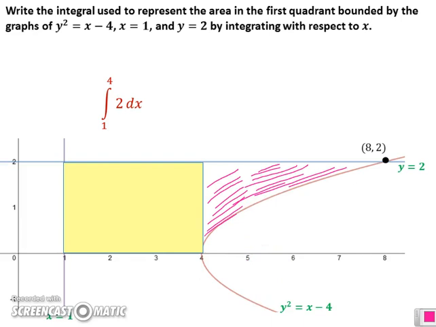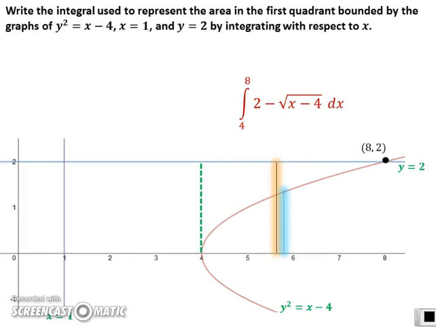If you find the distance from here to here, which is going to be 2 again, all the way from 4 to 8, because that's the point of intersection here, and then you subtract this distance, it's going to give us this little piece right here. So that's why we do top curve minus bottom curve, because it's all distance. We're taking this line and taking away this line from it, so it'll just leave us with the smaller piece.